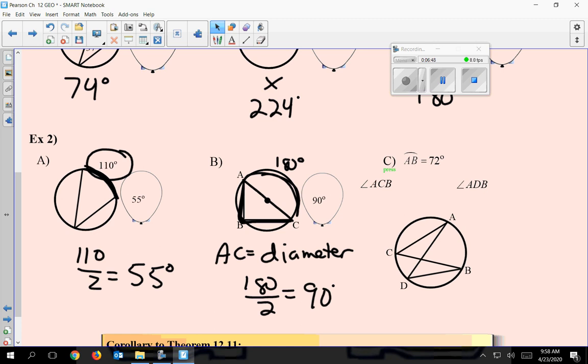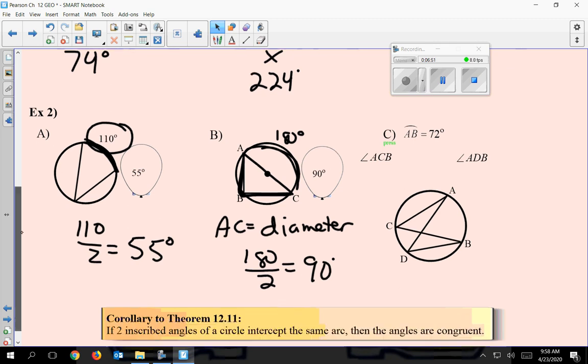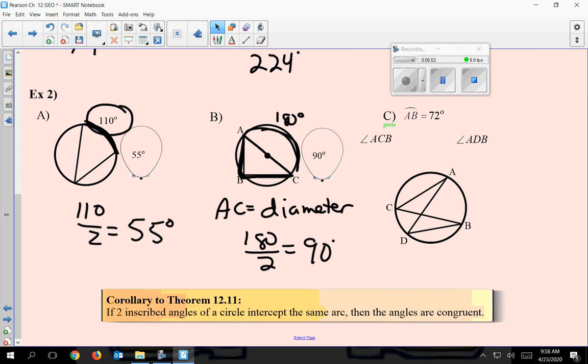Okay, this last section, C here, I'm going to actually come down and do this corollary to 1211. It says if 2 inscribed angles of a circle intercept the same arc, then the angles are congruent. So if you look at this, I'll do this in different colors. I've got an angle right here, angle D in black. And then I come over here and I have this other angle, angle C in red.